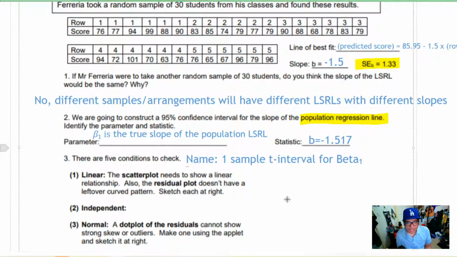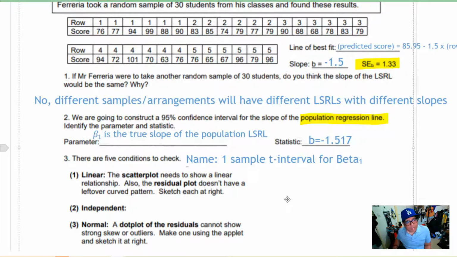The name of this test is a 1 sample t interval for beta 1. I'm typing out the word beta 1 instead of using the beta symbol, just so that we can get used to saying it the correct way, which I guess is relative because plenty of the world calls that beta.